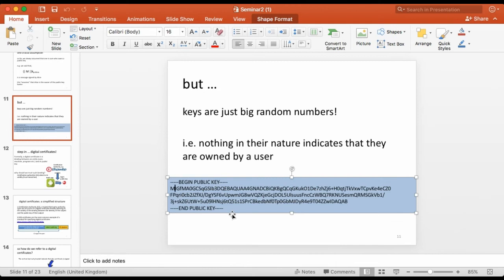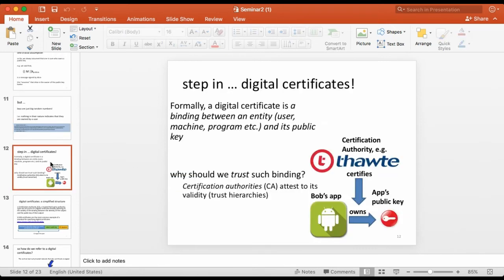Okay, so it's just a long number with absolutely no information in it to indicate that it is a key owned by Alice. Instead, this ownership relation is established through something we call digital certificates.